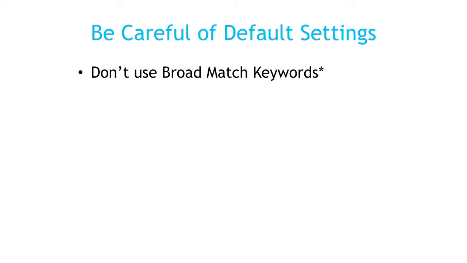So has anyone heard of broad match keywords? Okay. So say, for example, you were setting up this campaign for Cube mountain bikes, and you entered your keywords into your AdWords campaign, and your keywords were Cube Mountain Bikes UK, buy Cube mountain bikes, or several variations along those lines. You add those keywords into your account, and the default setting is that they are broad match.